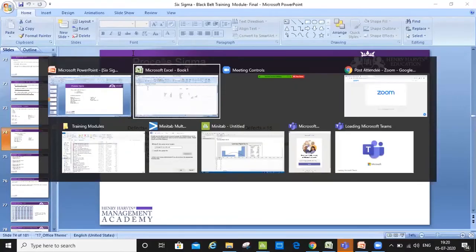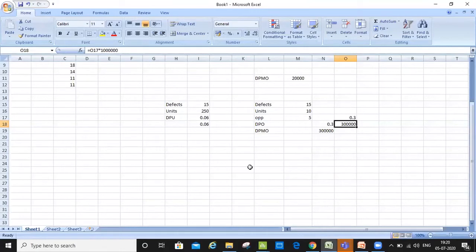So let's use the same example. I have 15 defects and 250 units. If I want to calculate the sigma level of this, it's very simple.